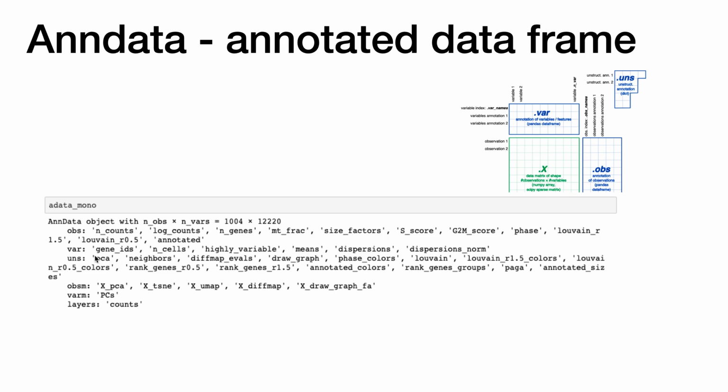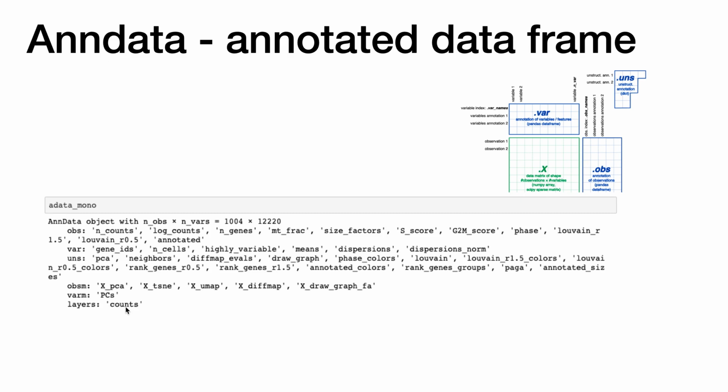What I haven't listed in the picture is the obsm object, also the varm object, and layers. The obsm object contains our low-dimensional representations. So we have a PCA object, a t-SNE object, a UMAP object, a diffusion map, and a force atlas, so a graph object. In the varm object we have PCs, so principal components, and finally the layer.